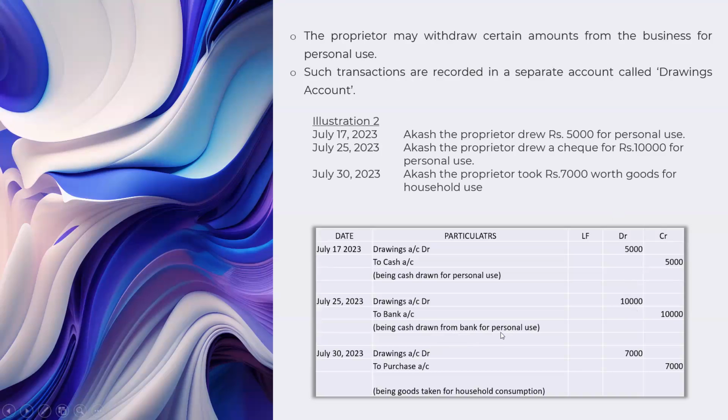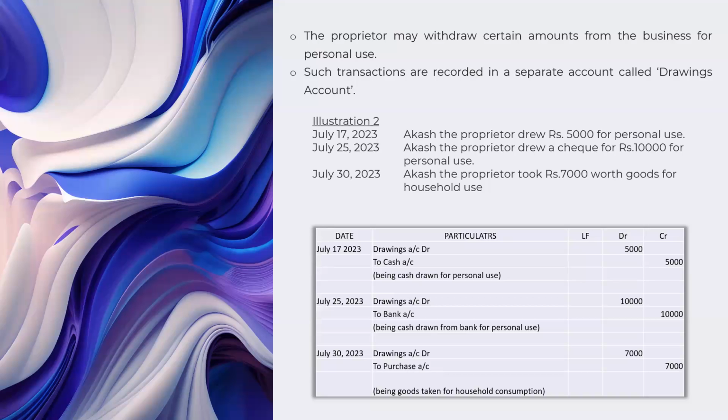Again, on 30th of July, drawings account debtor. So 7,000 worth of goods to purchase account. From the organization's point of view, it is seen as purchase account. It is seen as a purchase done by the proprietor, because they are seeing the proprietor as a different entity and the organization as a different entity.